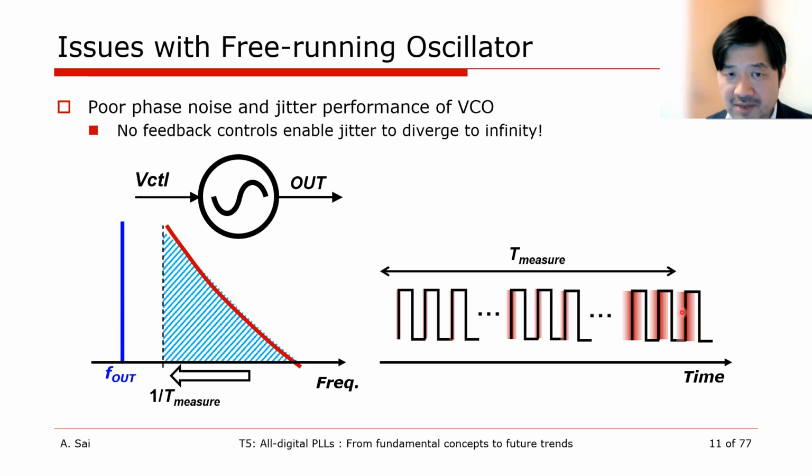If the jitter observation time is Tm, the lower limit of the phase noise integration and phase noise observation interval is 1 over Tm. In other words, the longer the observation time is, the lower the offset frequency will be integrated. And the jitter, which is the expression of this energy integration, will also diverge.